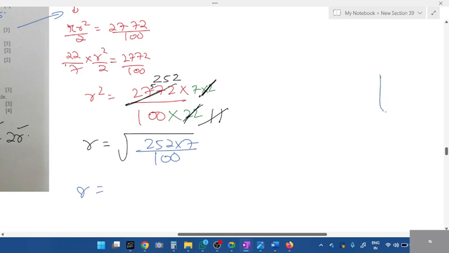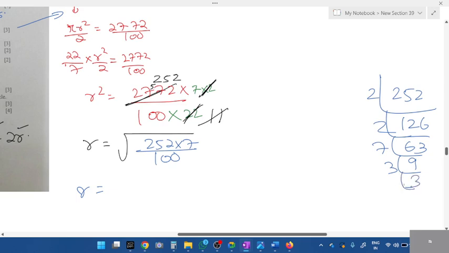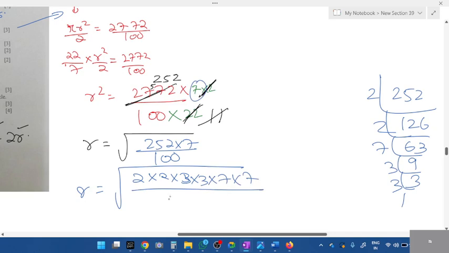Now 252 will factorize. 252, if you factorize, 2 into 126, 2 into 63. Look, 63 goes in 7 times table. 7 nines are, 3 threes are. So when you factorize: 2 into 2 into 3 into 3 into 7, and there's one more 7 in the question itself, divided by 100. How many same numbers you have to pair, students, in order to remove the square root?